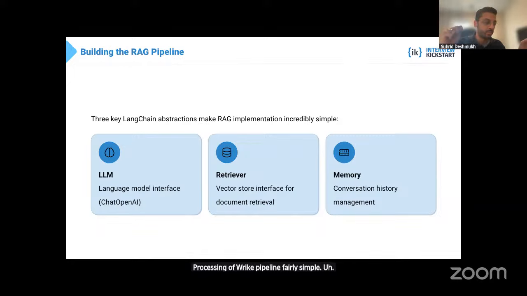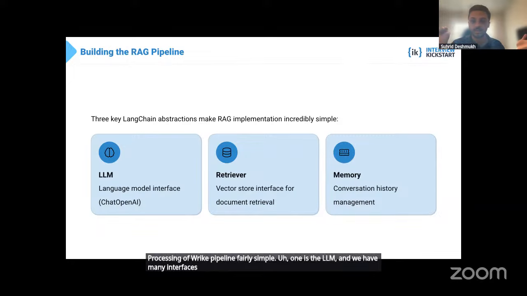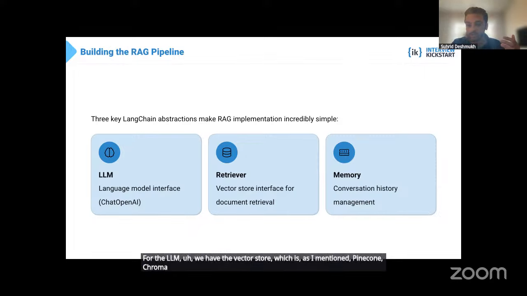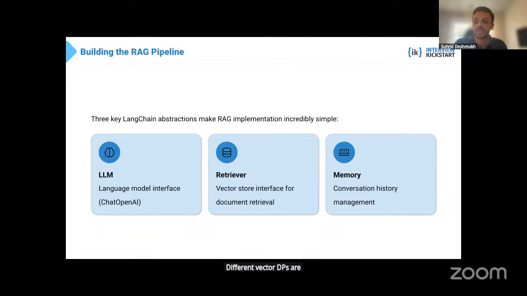One is the LLM, and we have many interfaces and APIs available to us for the LLM. We have the vector store, which is, as I mentioned, Pinecone, Chroma, Qdrant, FAISS, all of these different vector DBs are available to us as retrievers.